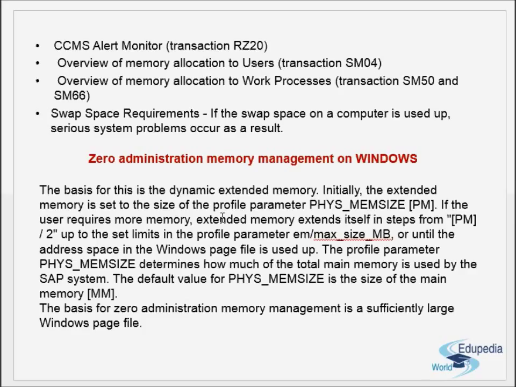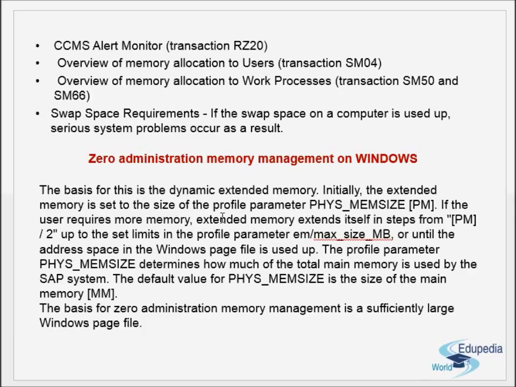If the user requires more memory, extended memory extends itself in steps, up to the limits set in the profile parameter em/max_size_MB, or until the address space in the Windows page file is used up. The profile parameter PHYS_MEMSIZE determines how much of the total main memory is used by the SAP system. The default value for PHYS_MEMSIZE is the size of the main memory. The basis for Zero Administration Memory Management is a sufficiently large Windows page file.